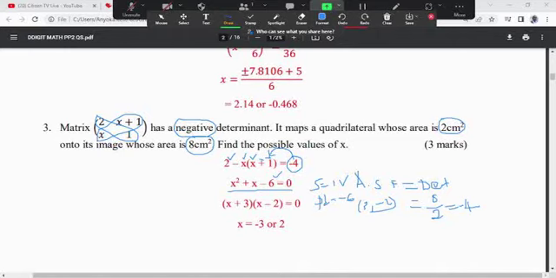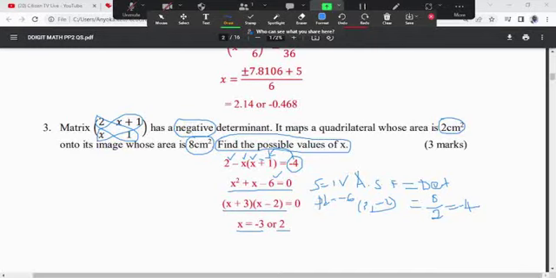So we factorize, and then x will take the value of negative 3, or x will take the value of positive 2. And we have the possible values of x. The possible values of x would be x equals negative 3, or x equals positive 2.